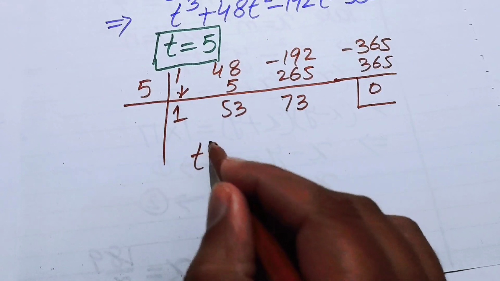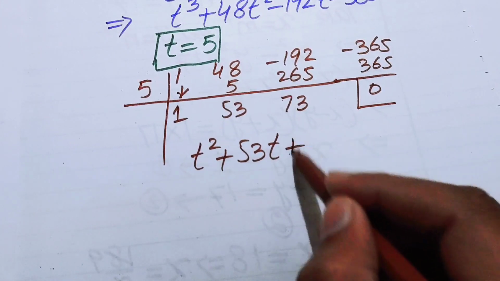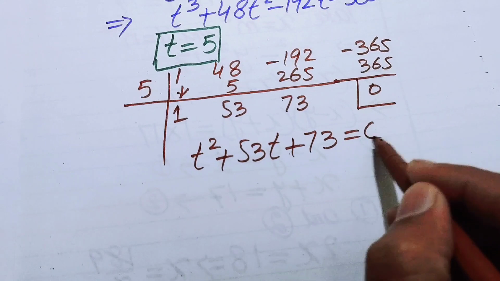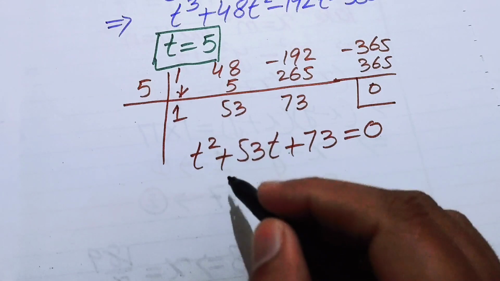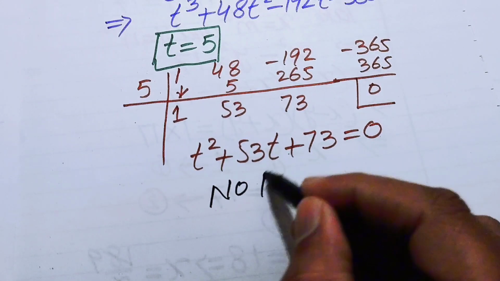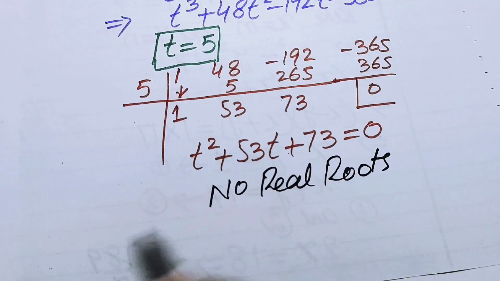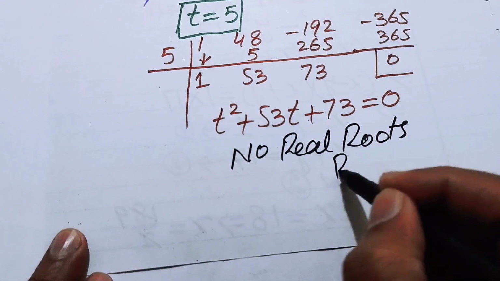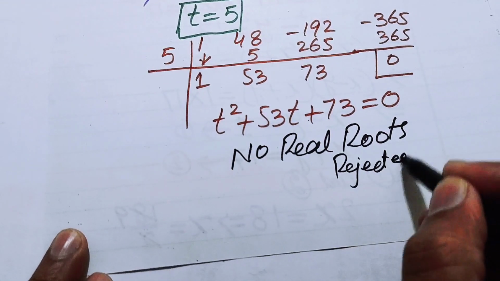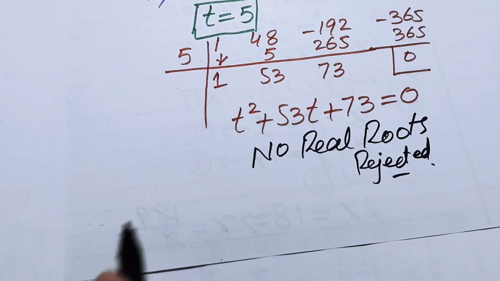Our depressed equation will be t squared plus 53 t plus 73 equals 0. When you solve this depressed equation, you will easily check that this equation has no real root. So this equation cannot give a real root, so we will reject this case, and here we have the only one solution of this problem, which is t equals 5.